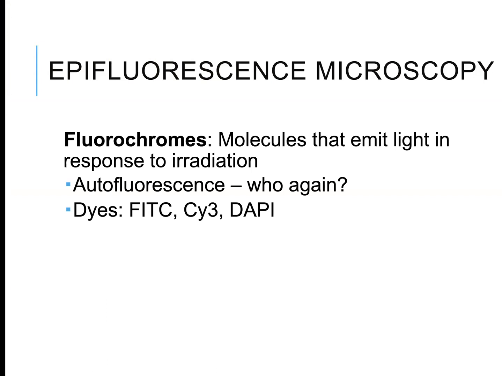And all that is a $10 word for something that glows, right? And so again, it can be autofluorescence. And which groups did we say do that? Phototrophs and methanogens. Exactly, thank you.